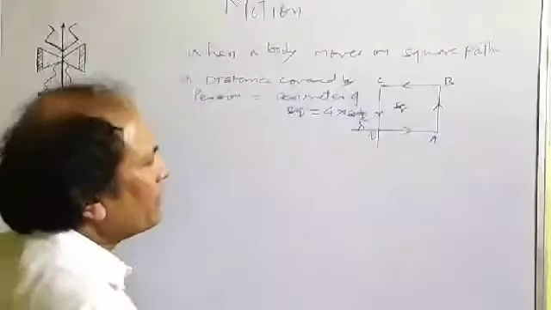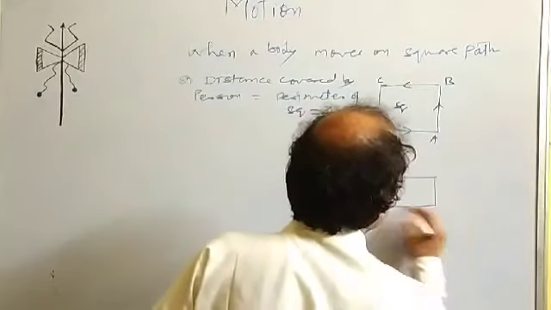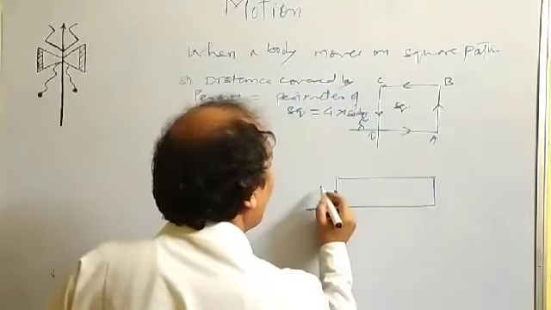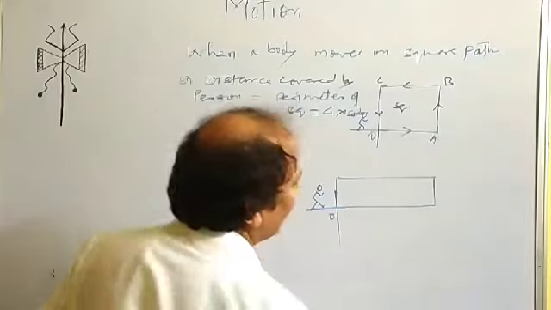Next, suppose a body, otherwise a person, moves on a rectangular path. Now this is the origin and the person starts its motion from here.